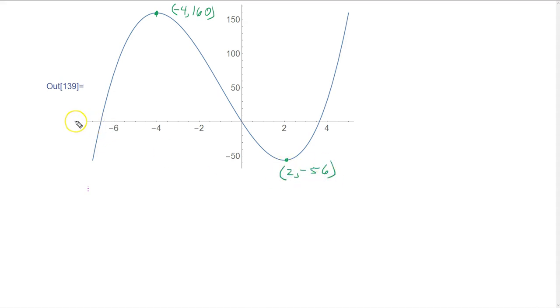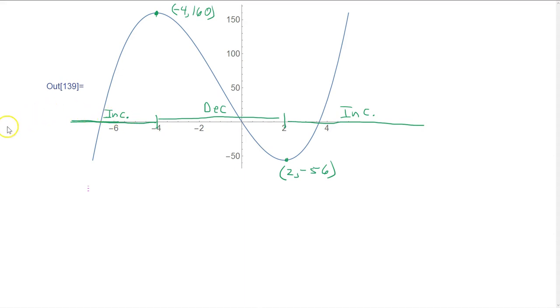And notice our function is increasing from negative infinity to negative 4. This is where we're increasing. Decreasing from negative 4 to positive 2. So that's where we're decreasing. And then increasing again from 2 to infinity. And so everything here matches with what we found analytically.